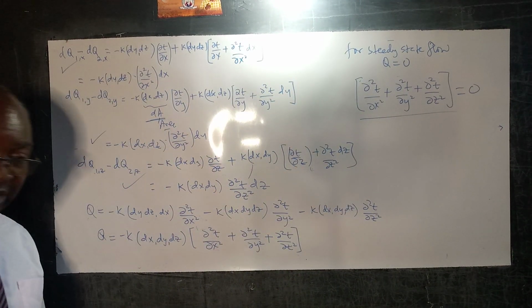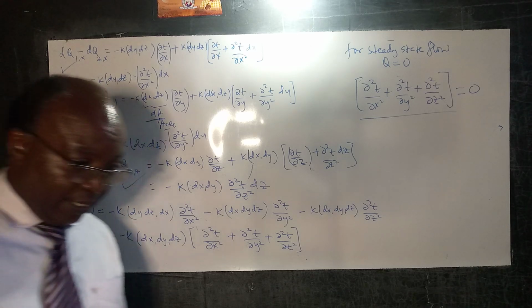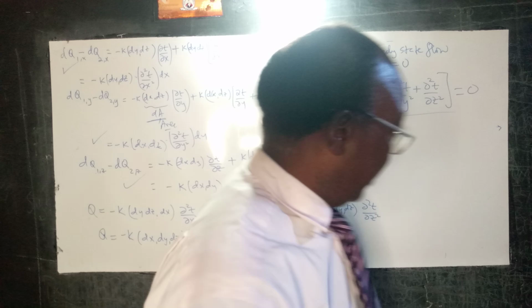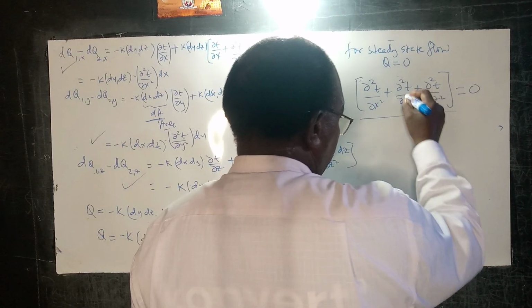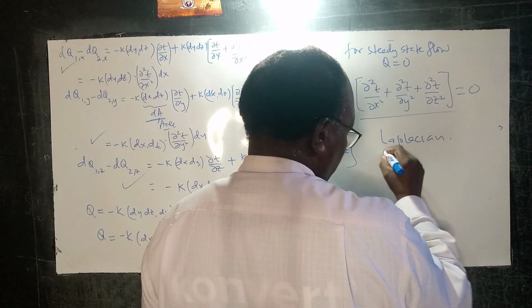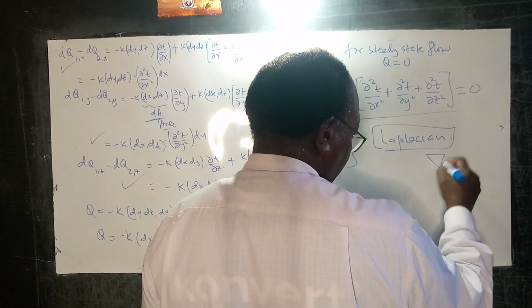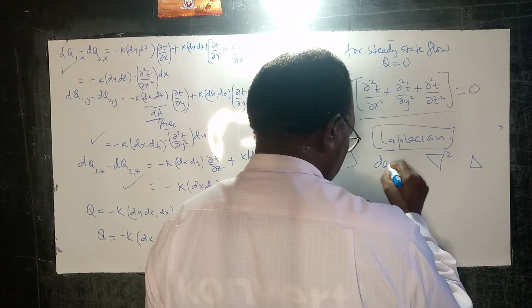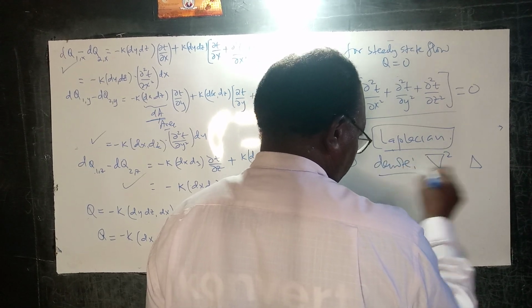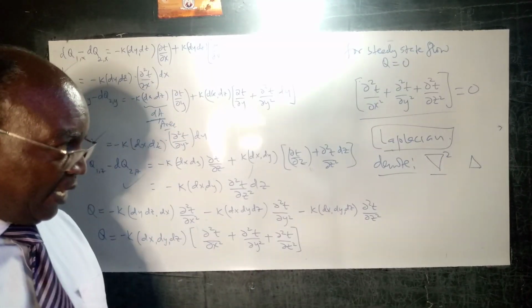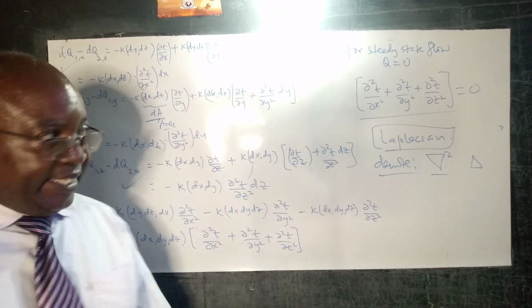So there's a very interesting and important quantity which has come here, which we call the Laplacian. It's the Laplacian of t. It can be denoted as del squared, the inverted del, delta squared, or just leave it as del.